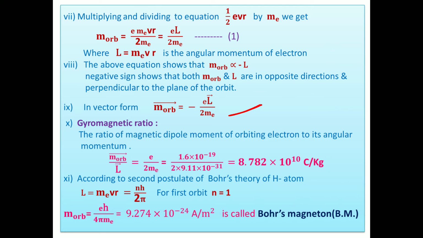So you can write here M orbital equals e h upon 4 pi me after solving. This value is worked out as 9.274 into 10 raised to minus 24 ampere meter square. This value n h upon 2 pi is substituted in this equation. It is called the Bohr magneton, or in short BM.